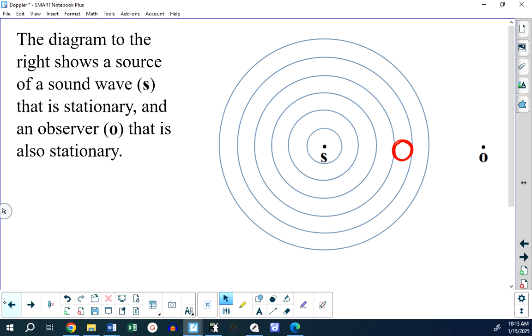But they're going to be passing my eardrum more frequently. So I will still perceive a greater frequency. In other words, and this becomes crucial in a few minutes, if the two things are getting closer together, the frequency goes up. If the two things are getting farther apart, the frequency goes down.